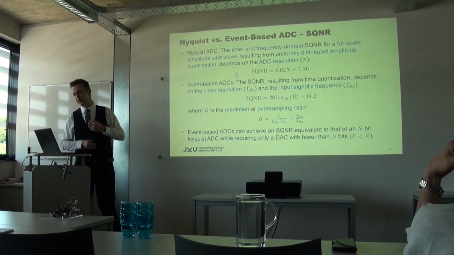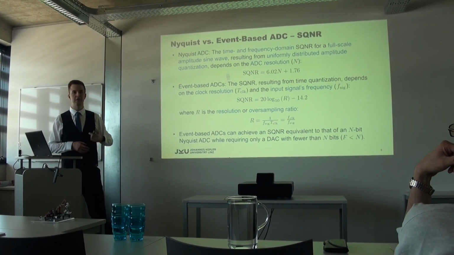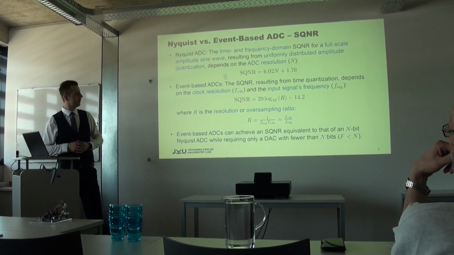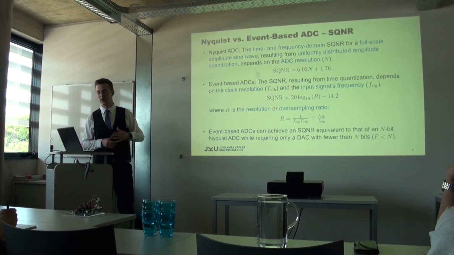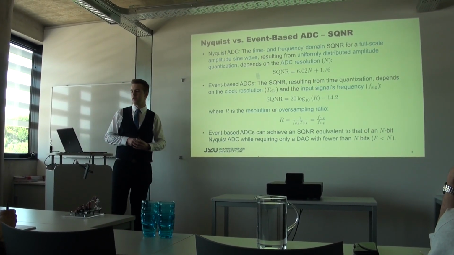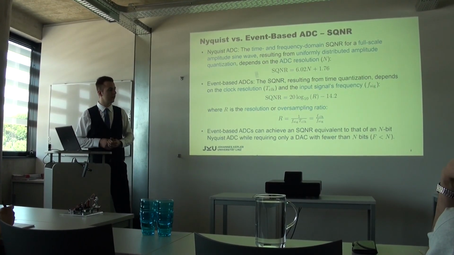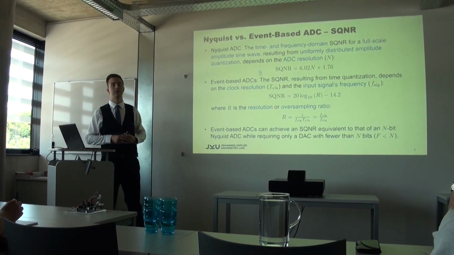And what is the main takeaway here? We can now build event-based ADCs that achieve a higher SQNR compared to an N-bit Nyquist ADC with a lower DAC resolution, so F is smaller than N. For example, with values: if we have an 8 MHz clock and a 500 Hz input signal, then we get around 70 dB.